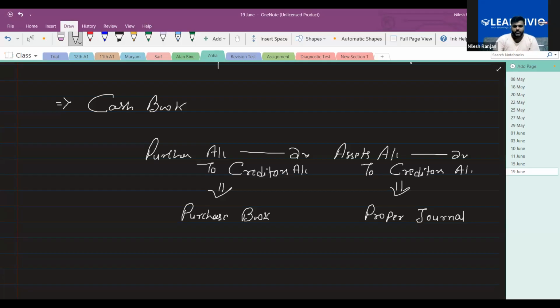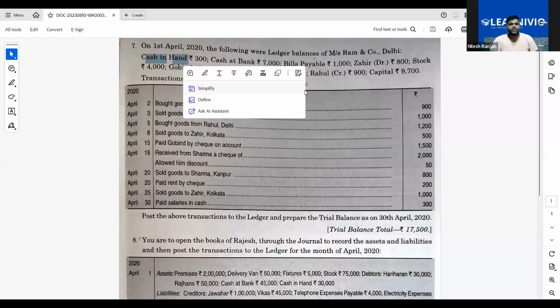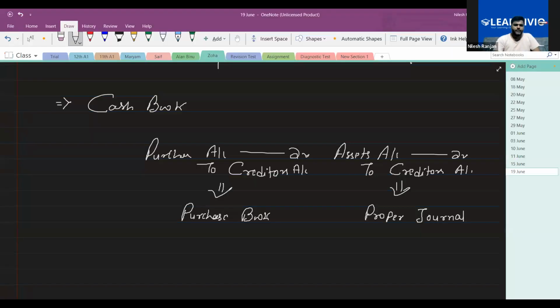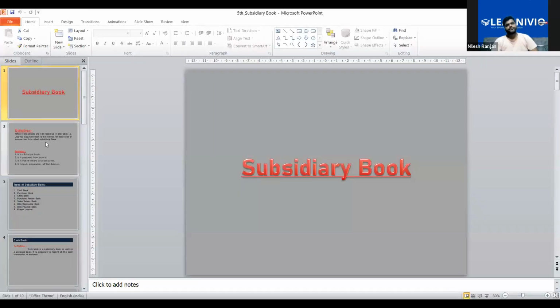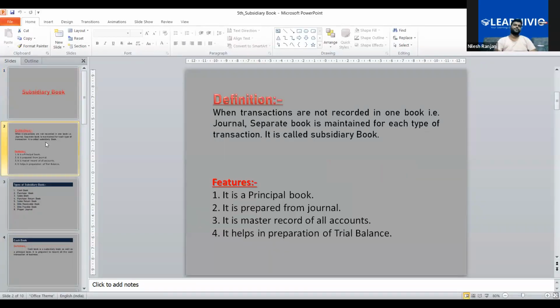Now you can see the definition here. When transactions are not recorded in one book, that is journal, a separate book is maintained for each type of transaction. It is called separate subsidiary book. This actually happens only in big organizations because there are too many transactions.